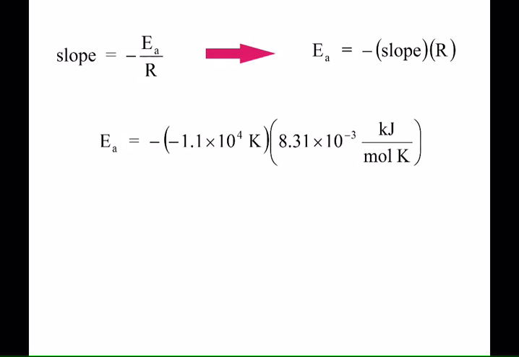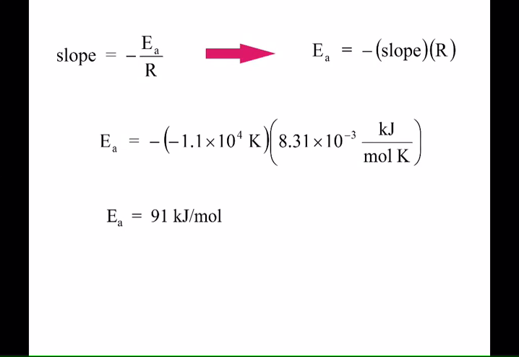So maybe I was wrong with the units of the slope, inverse temperature. The inverse of inverse temperature, which is the temperature. Anyway, there's the slope. And the R we use is 8.31 times 10 to the negative third. Units are kilojoules per mole Kelvin. Kelvins cancel. We have units of kilojoules per mole, which is awesome.